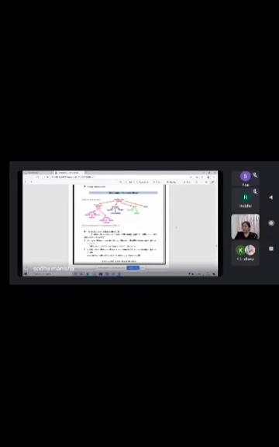Again, cartilage is divided into hyaline cartilage, elastic cartilage, and fibrocartilage, then bone, and blood. These are the various types of connective tissues present in our body.